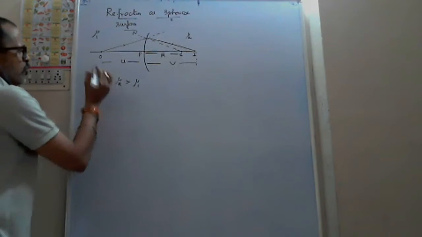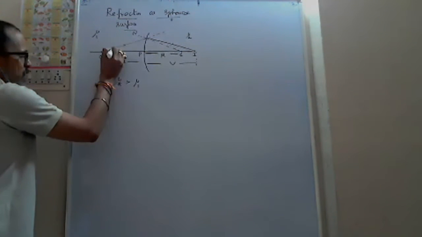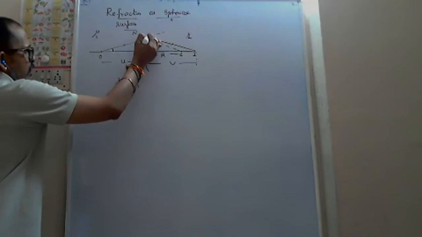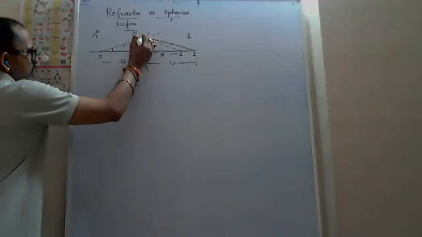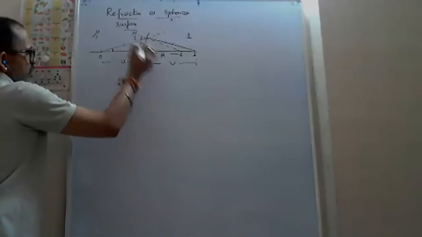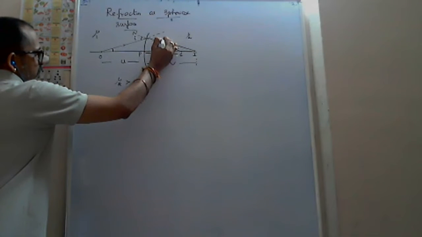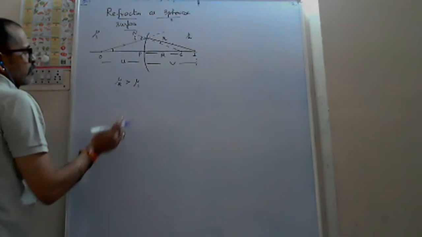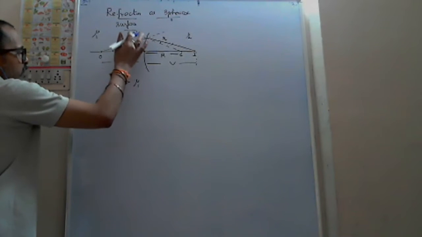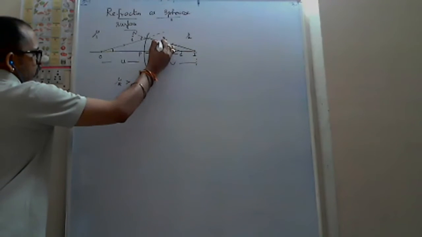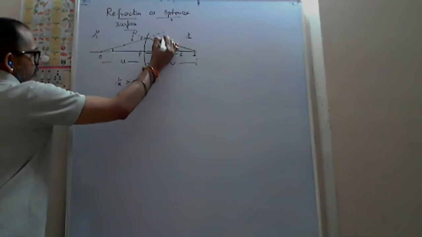Of course, you can derive it. Just like here, we know Snell's law. With the normal, this is the angle of incidence, and with the normal, this is the angle of refraction. Are you able to see those small letters now? This is the angle of incidence and this is the angle of refraction.